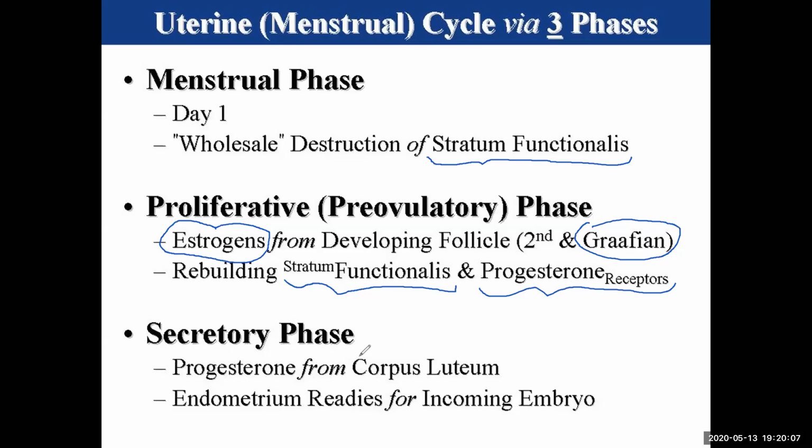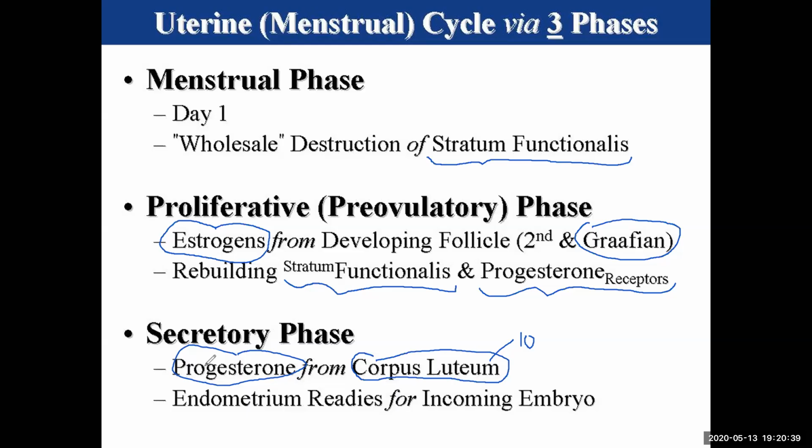And in the secretory phase, progesterone comes from the corpus luteum. This is once ovulation occurs, right? So for the next 7 to 10 days, the corpus luteum secretes progesterone, and the progesterone goes all the way down to the uterine wall and preps it. It makes the uterine wall ready to receive that zygote. By this time, it's no longer a zygote.